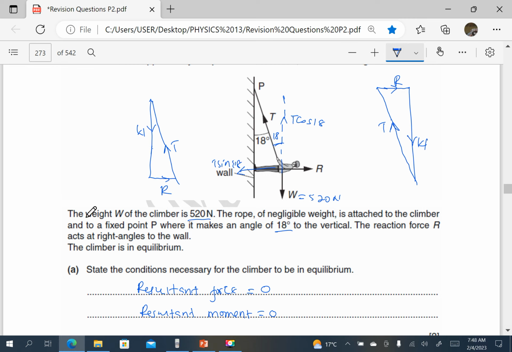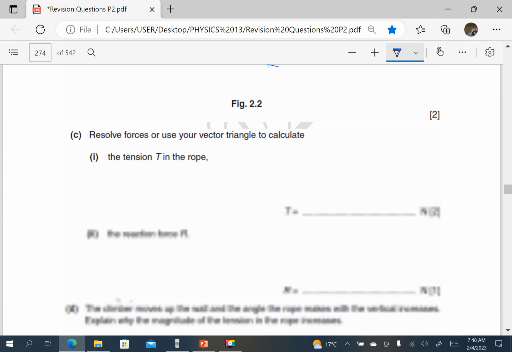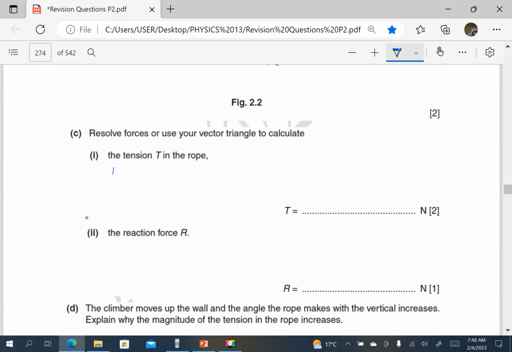So for equilibrium, T sine 18 should be equal to R, and T cos 18 should be equal to W. Resolving, we have T cos 18 equals W, and T sine 18 equals R.